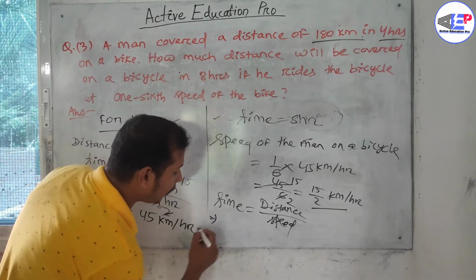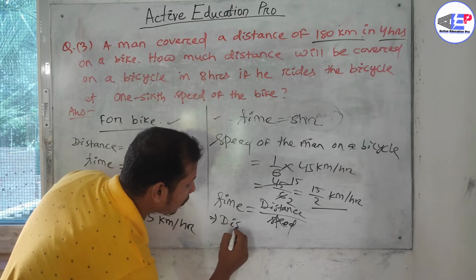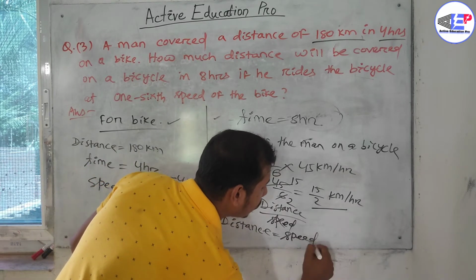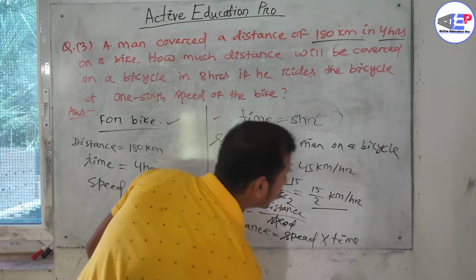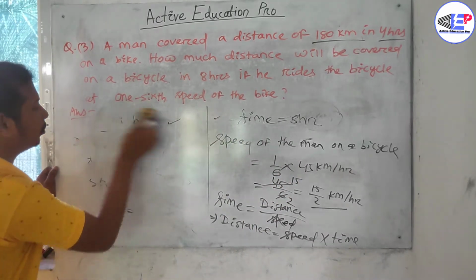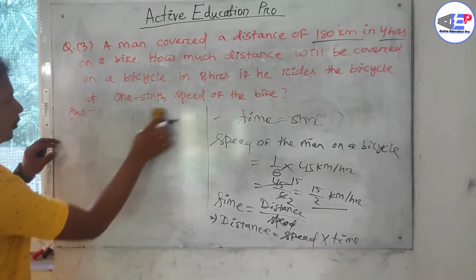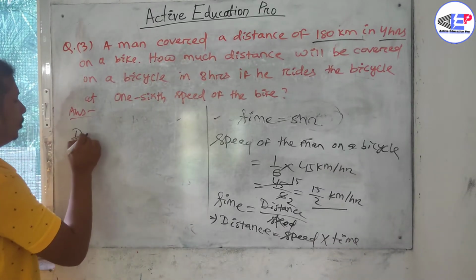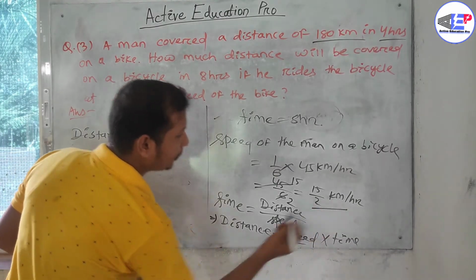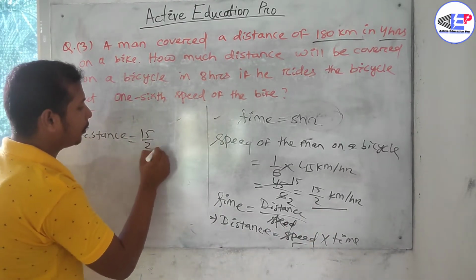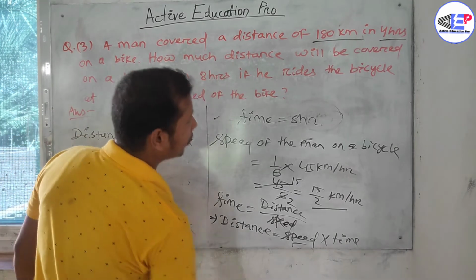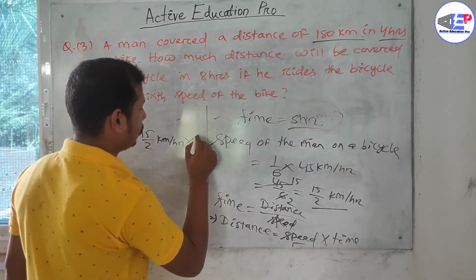From this formula we know that distance is equal to speed into time. So the distance for the bicycle will be equal to the speed, 15 by 2 km per hour, into the time, 8 hours.